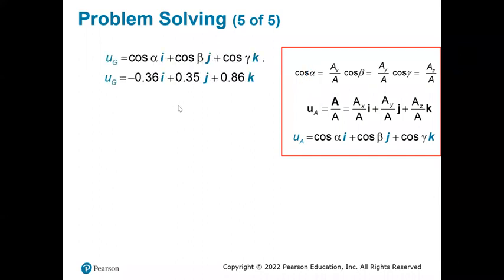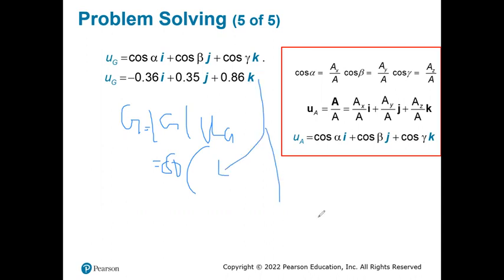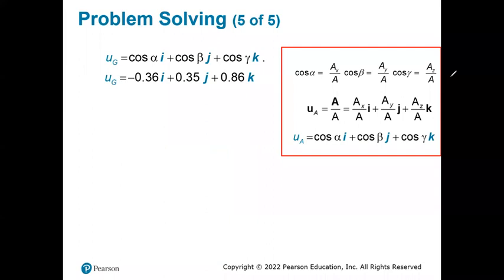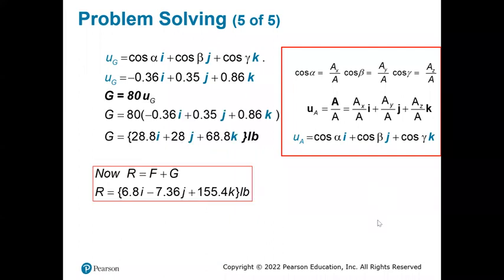G is going to be the magnitude of G times our unit vector. What is our magnitude? That is 80 times our unit vector. We write the unit vector over there. So it's simple as that. Now we have F and G, so we can get the resultant by adding the two forces. Fine.